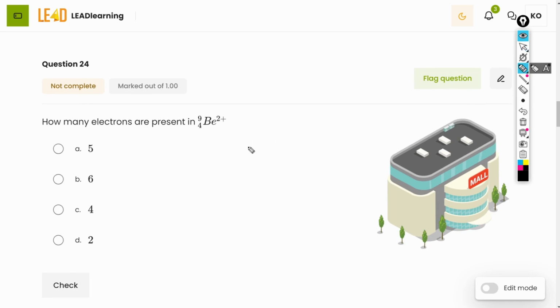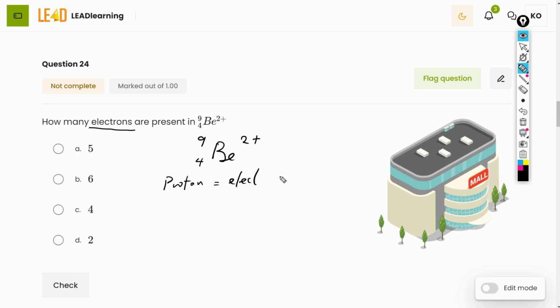Question 24. How many electrons are present in beryllium ion? So let's look at it this way. Beryllium ion 2+, atomic mass is 9, proton number is 4. Remember that proton number is always equal to electron number in a neutral atom.